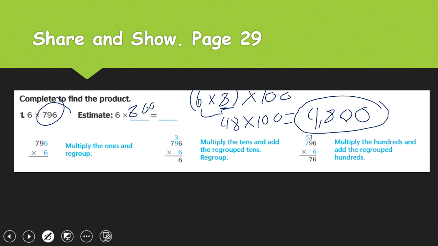All right, so let's go ahead and do our standard algorithm of multiplication. And I'm going to try to do different colors to help assist the learning. So we got to multiply our 6 times 6 ones. So 6 times 6 equals 36 ones.